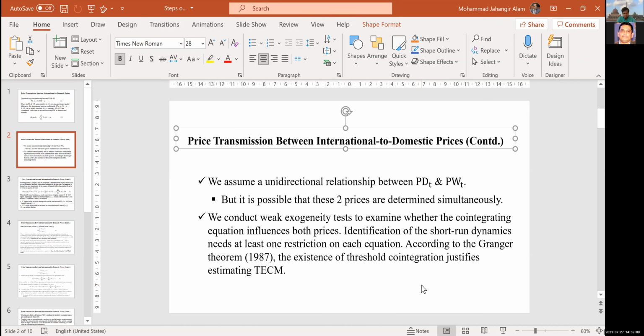Again, it's about understanding whether these two prices are determined simultaneously, whether we can consider them endogenous. The weak exogeneity test is also a Wald test. Identification of the short-term dynamics needs at least one restriction on each equation. According to the Granger theorem, the existence of threshold co-integration justifies estimating a threshold error correction model.